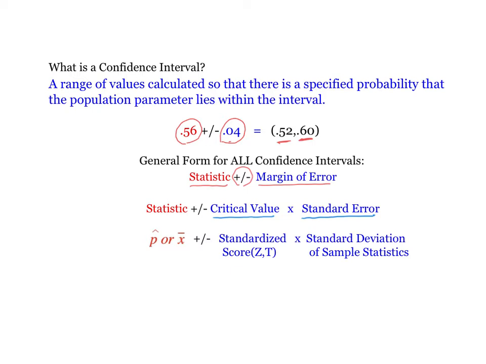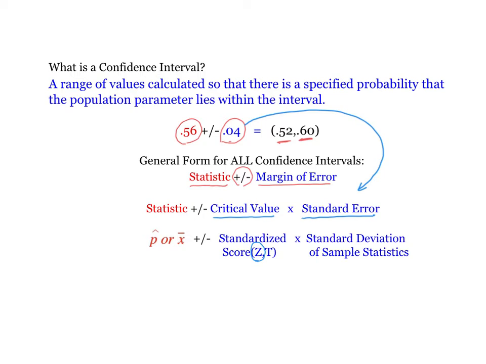So what I'm talking about now is, where did this 4% come from? That 4% is called the margin of error, and it comes from the product of the critical value and the standard error. Now, the critical value is some kind of standardized score. For instance, for proportions, and what we're studying right now, that score is going to be a z-score.